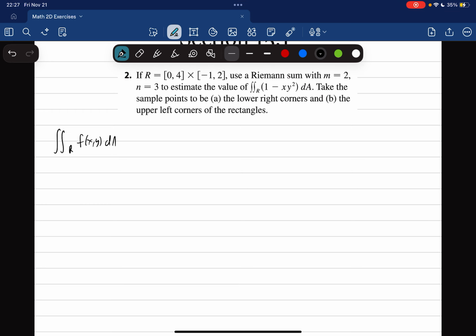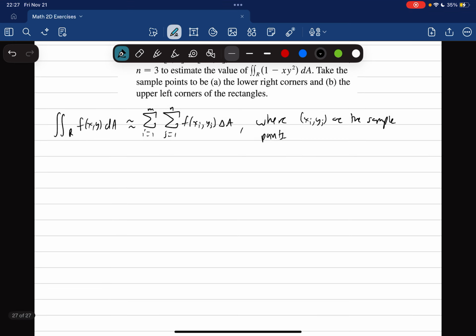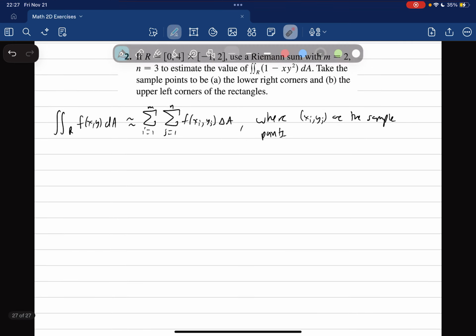In general, when I'm estimating a double integral, this will be this double sum here: the sum of f of x_i, y_j, times my delta A, where the points are the sample points I'm taking.